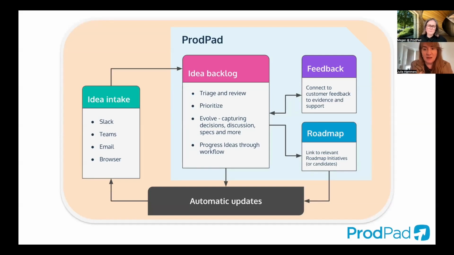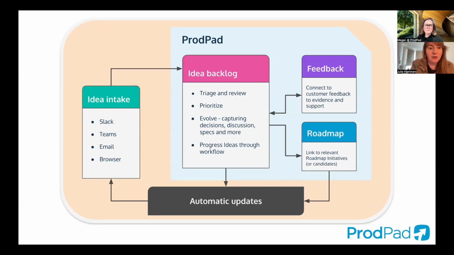So you want to have a way to capture all those channels and have it all go to a centralized backlog and have all the ideas all have the same criteria as they come in. And then the next central part of this process is that you need to have a triage and review process. And I'll go more into detail in that in a bit.